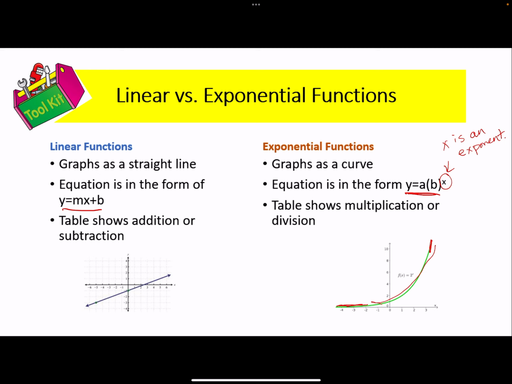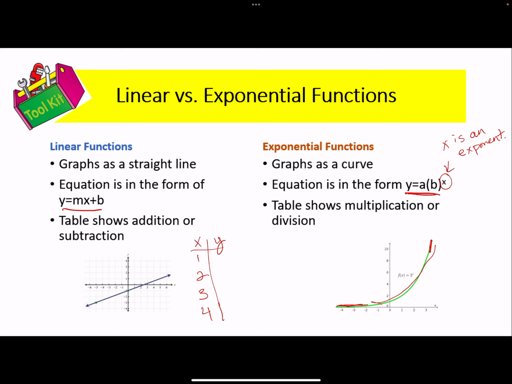But the part that I really want to focus on today is we talked about tables. So if I have a table of values, if I have like x and y values, I don't care so much about the x values, but I want to focus on the y values.